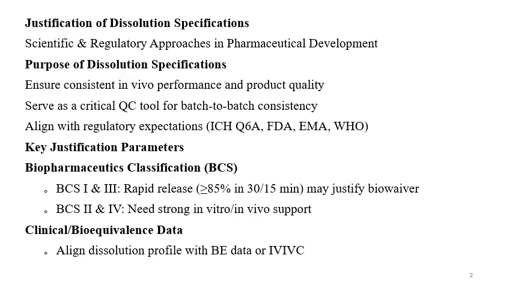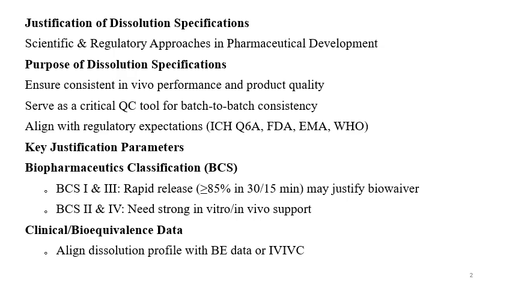If you have an immediate release product containing a BCS class 1 or 3 drug substance, and if it is showing rapid or very rapid release, then set the specification like NLT Q in 15 minutes or 30 minutes, so that you will be justifying the BCS based biowaivers.